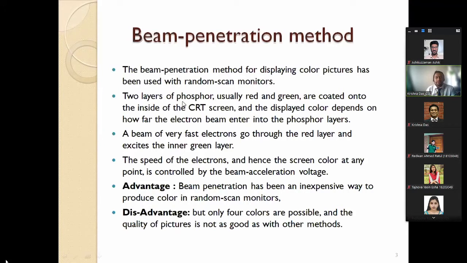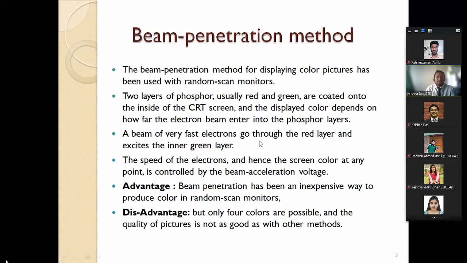Okay, and two layers of phosphor you have, red and green, which are coated onto the inside of the CRT screen. So you can remember that red and green are inside the CRT screen, and the color you may generate depends on how strongly you throw that electron beam on the screen, and on the basis of the intensity of that beam, you can have different colors.